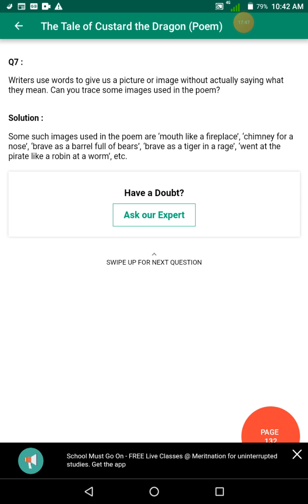The writer uses words as pictures or images without actually saying what they mean. Can you trace some images used in the poem? Some such images used in the poem are mouth like a fireplace, chimney for a nose, brave as a barrel full of bears, brave as a tiger in a rage, went at a pirate like a robin at a worm, etc. Let us see one by one.